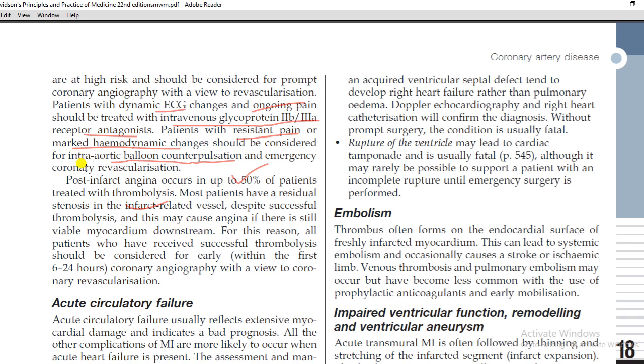For this reason, all patients who have received successful thrombolysis should be considered for early coronary angiography with a view to coronary revascularization.